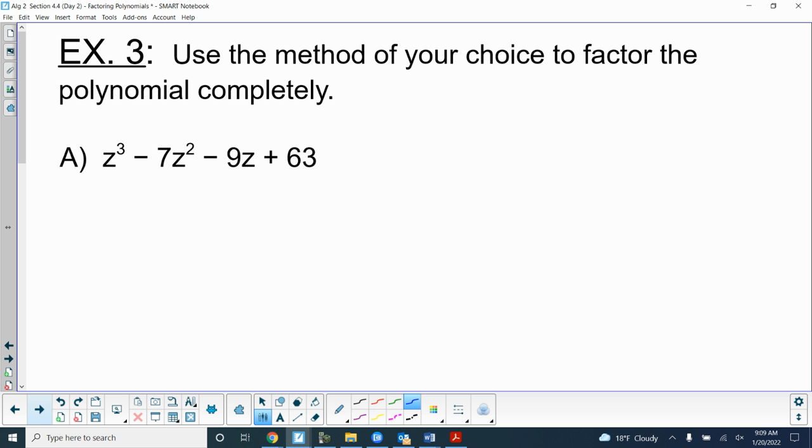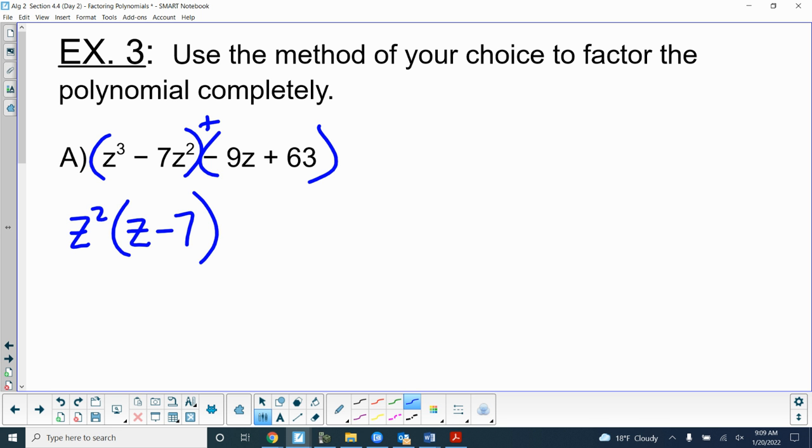If it's got 4 terms, and you can do however you want here, but it's got 4 terms, what should I do? Group it, right? So let's go ahead and group it quick. I thought I was done with my example. All right, what's the GCF for the first group? Z squared, right? So we get Z minus 7.